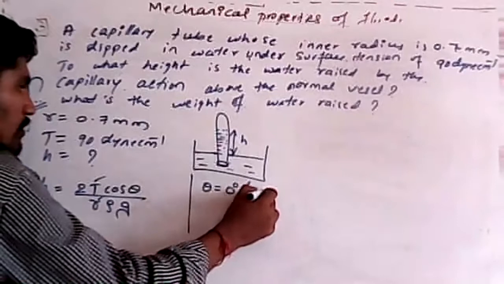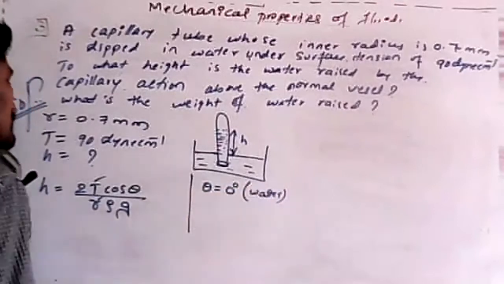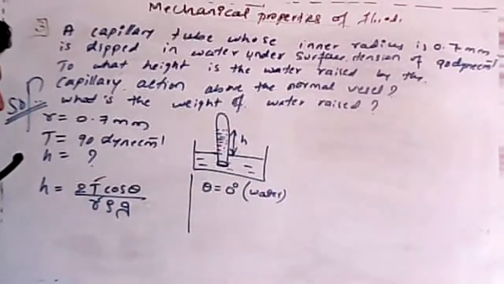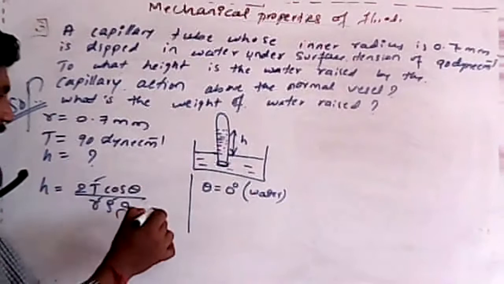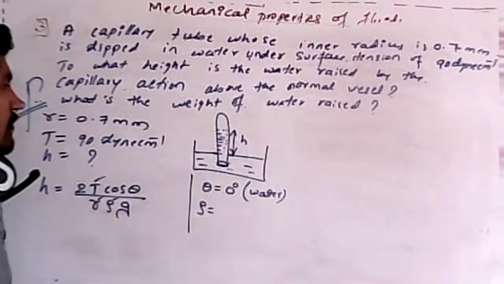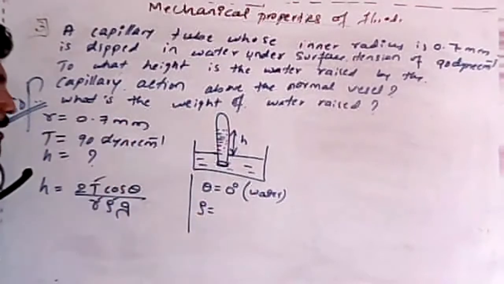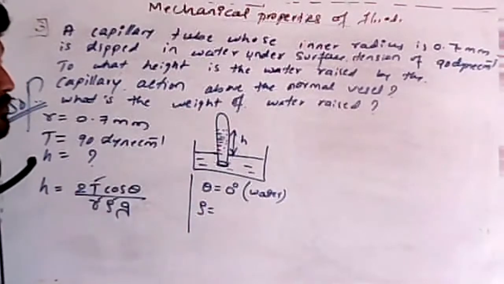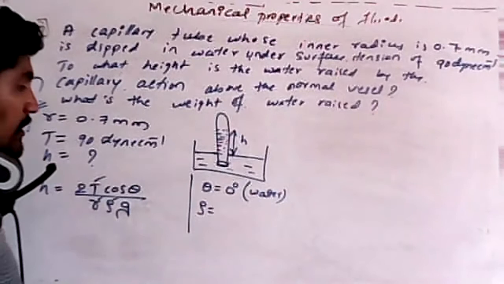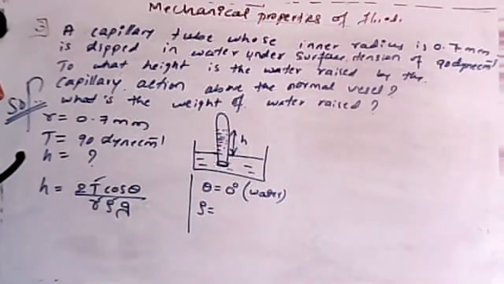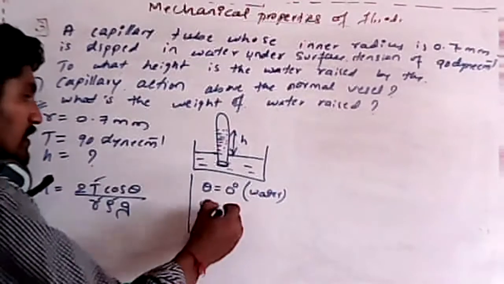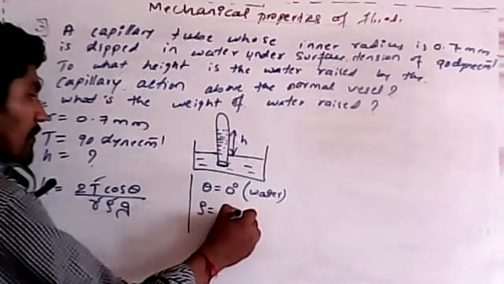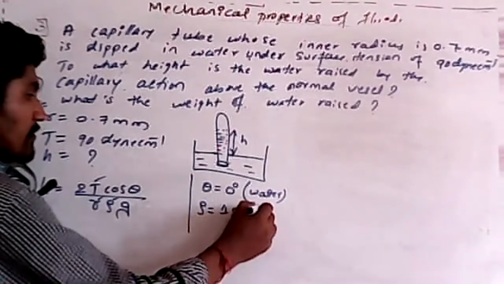This is for water, we already know that. Yesterday also we discussed the angle of contact with glass. Then density: in this particular problem, the density of water is 1000 kg per meter cube, but in this particular case in terms of gram I have to write per centimeter cube.